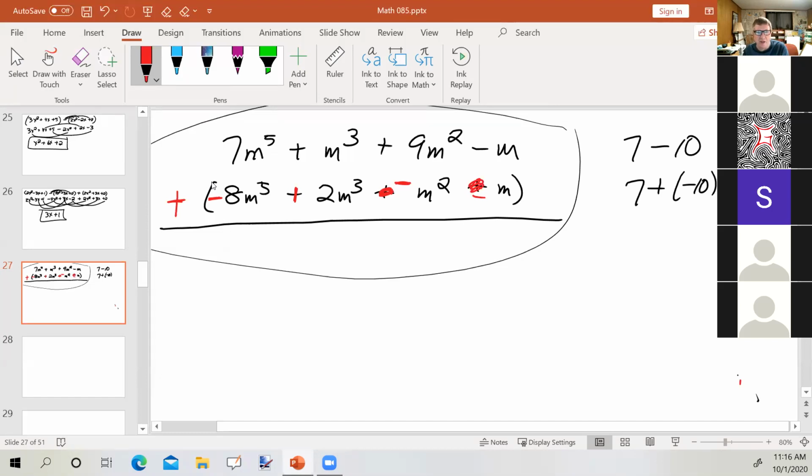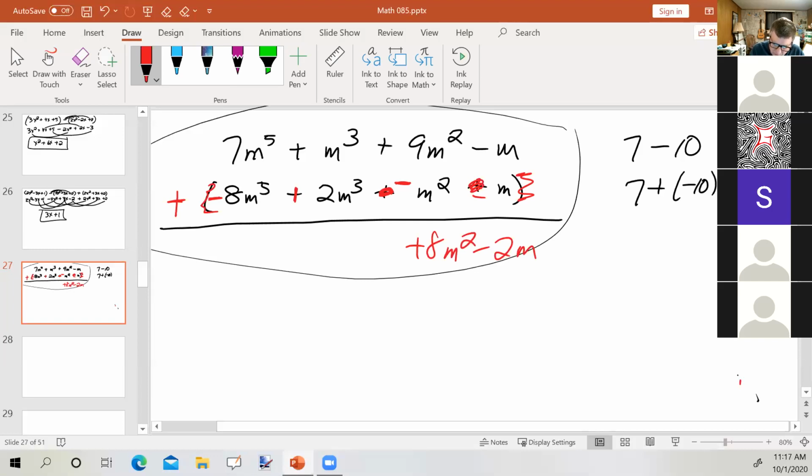Distributing the subtraction sign changed everything inside. But now it's an addition sign. So we can now get rid of those parentheses and just add up each column. I know this is a bit confusing. It's a lot to take on. You can do this. So I've got minus m minus m is minus 2m. 9m squared minus 1m squared is plus 8m squared.